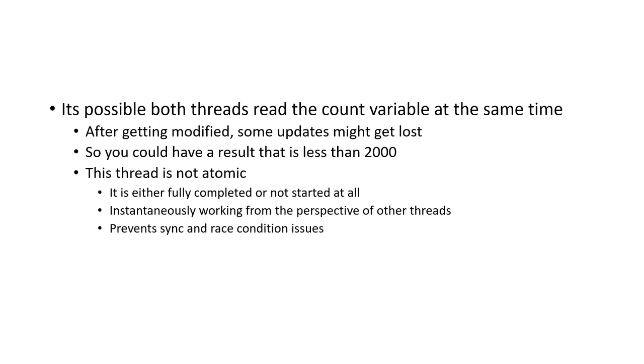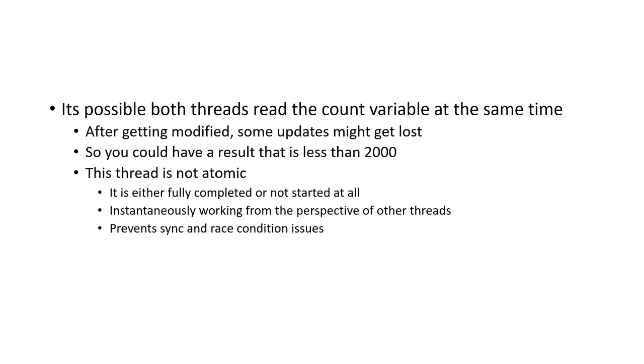I had to look this up because I've heard of atomic, because there's an atomic class, I believe, in Java. It's like AtomicLong, and I always wondered what that meant. So atomic means that it's either fully completed or not started at all.